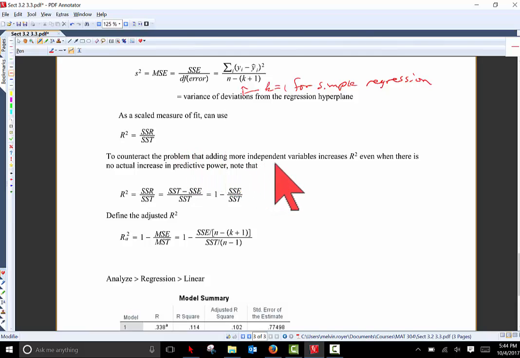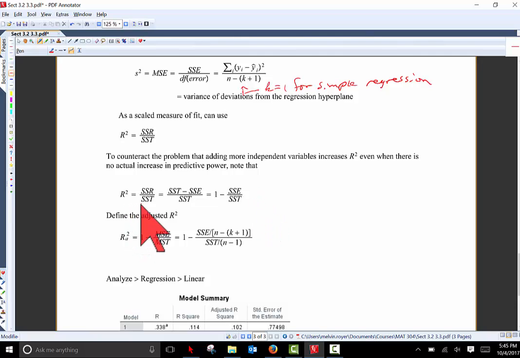But it turns out that throwing in more independent variables like that almost always increases the R squared. Statisticians have known about that for a long time. It's just the way the math works, and it's undesirable because we work by comparing and seeing which predictor has the largest R squared. But if increasing the number of variables increases R squared, then it would say that I should always just throw every predictor I can possibly think of at the problem, and that's not good practice.